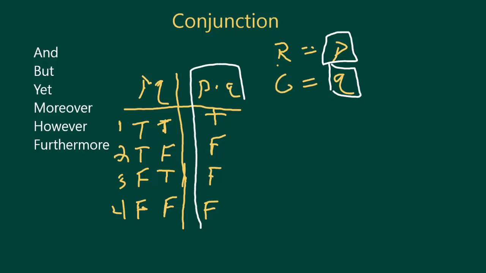So this expresses the logical meaning of conjunction. It's true when both of our conjuncts are true. It's false in any other circumstance.